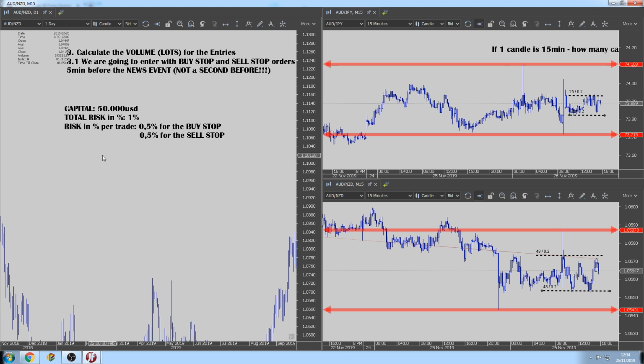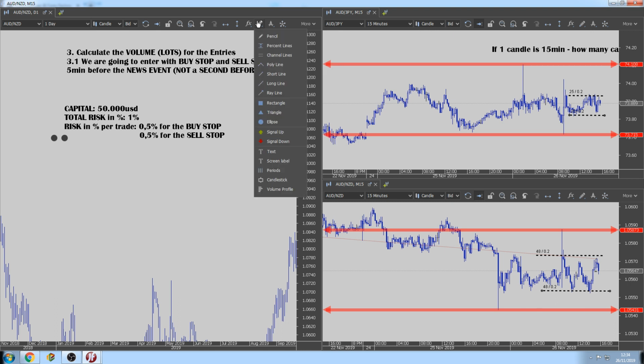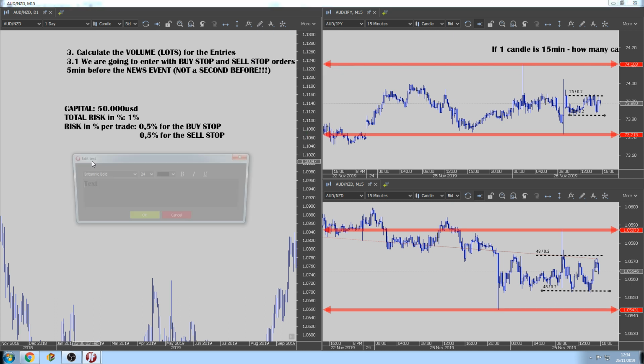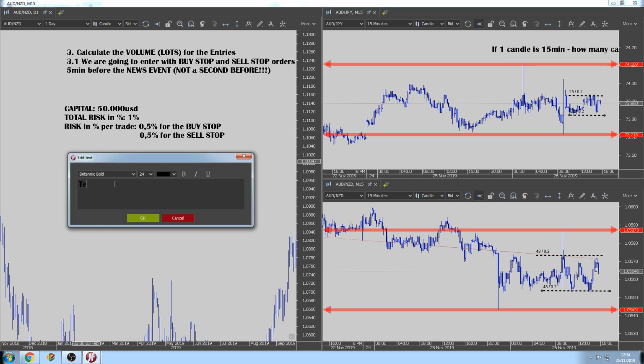Now, total risk per trade, and the next step, everybody, is how much am I going to risk. So risk in money, okay, per trade.